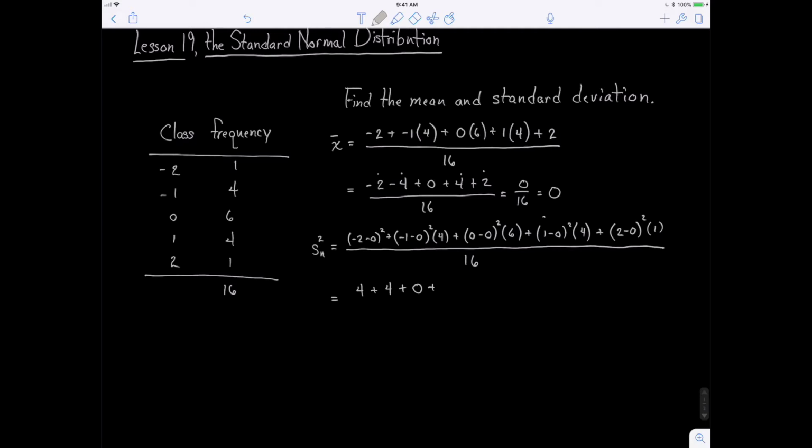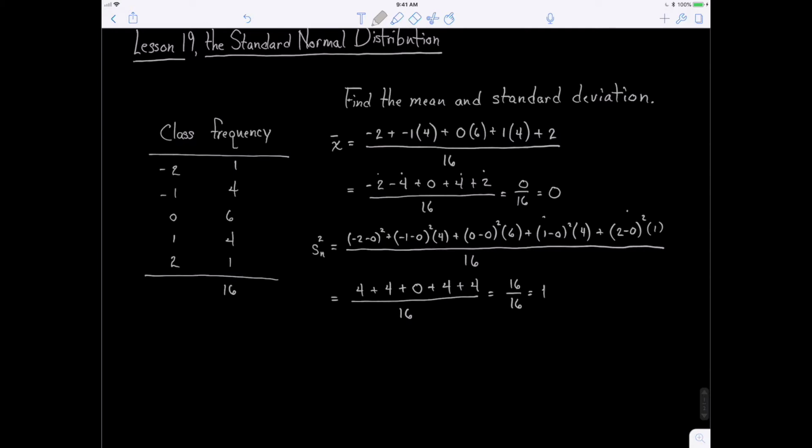We square it to get 1. We multiply it by 4, that's 4. Plus, our last term here is 2 minus 0, that's 2. We square it, that's 4. Multiply it by 1, it's still 4. And we add all those up, that's going to give me 16 16ths.